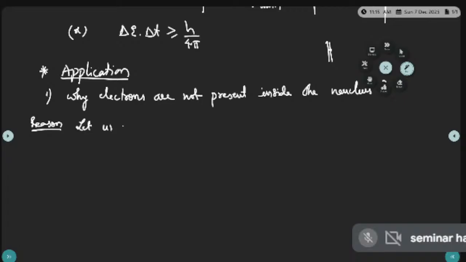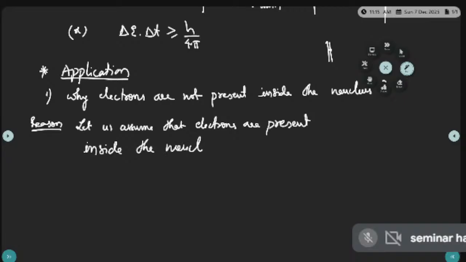Let us assume that electrons are present inside the nucleus. What are we assuming? Electrons are present inside the nucleus is the assumption. Actually, the statement is quite opposite.